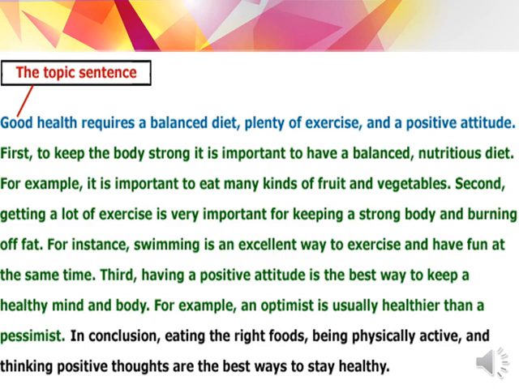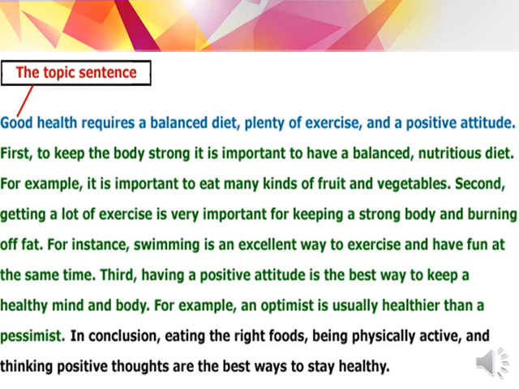So first, "To keep the body strong, it's important to have a balanced, nutritious diet." See, we explained the first point, which is the diet. For example, we will give examples. "It's important to eat many kinds of fruit and vegetables." We finished everything about the first point, which was about diet. Now let's see what we will say about exercise. "Getting a lot of exercise is very important for keeping a strong body and burning off fat."